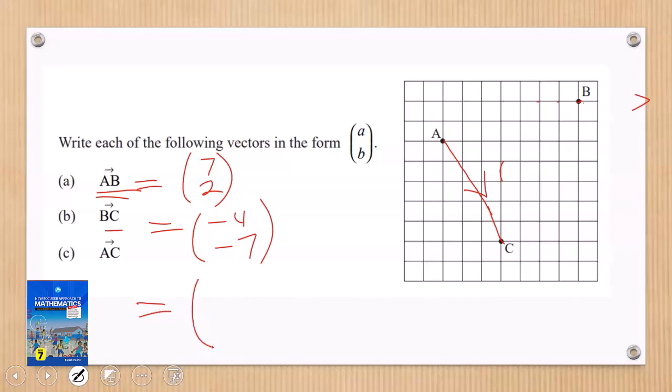I can't go backwards, because when I go backwards and I go down, I will not get to C. I must go forward and go down. So forward, how many steps will I move on the x-axis? 1, 2, 3. So that means I'm going to have +3. Then I go down 1, 2, 3, 4, 5. So that will be -5. So the vector AC is (3, -5).